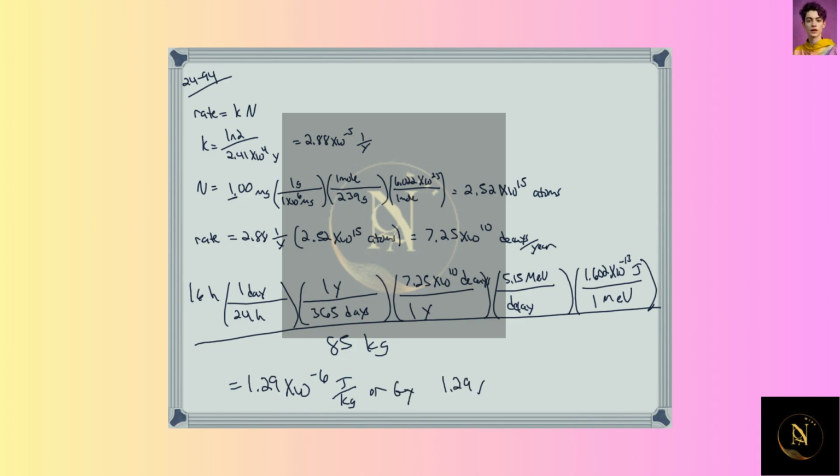Then to convert it to rads, we know that in 1 rad there are 0.01 joules per kilogram, so that conversion gives us 1.29 times 10 to the negative 4 rads that the individual was exposed to.